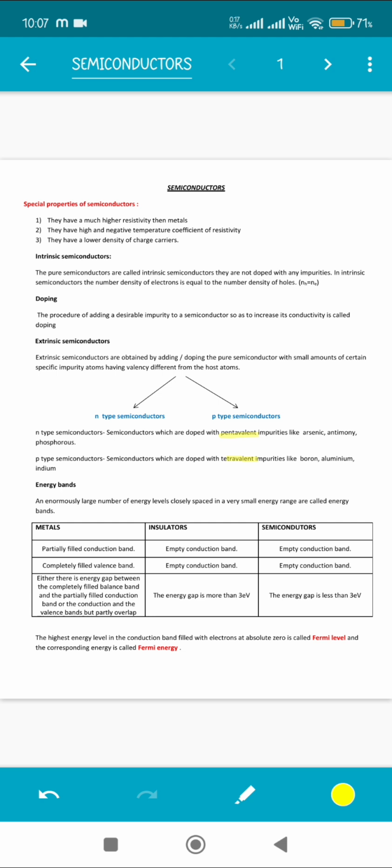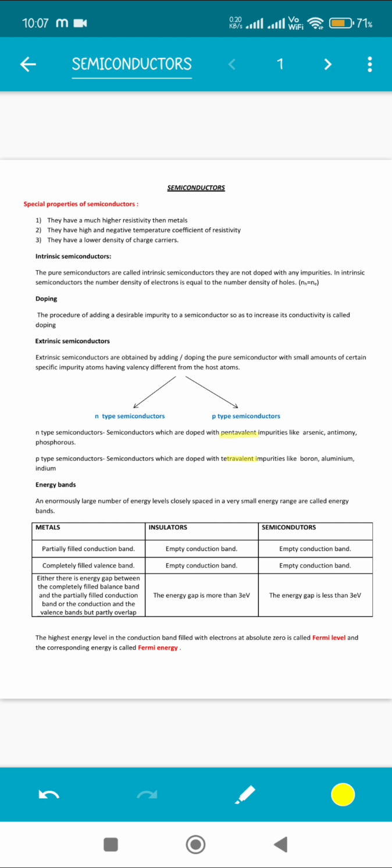If you remember, silicon has 4 electrons in its valence shell, and if a pentavalent impurity is added, the 4 electrons of that pentavalent atom will combine with the 4 electrons of the semiconductor. So 1 electron is left behind, and that electron will contribute to the conductivity.